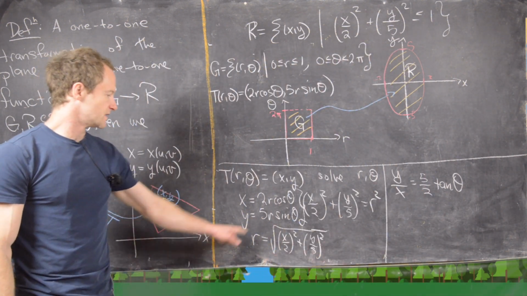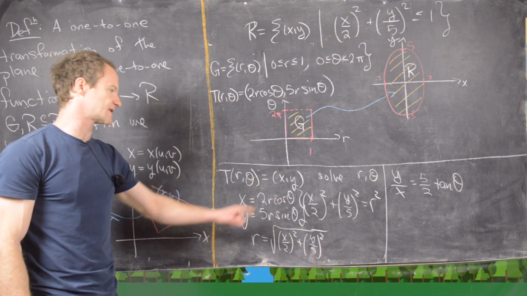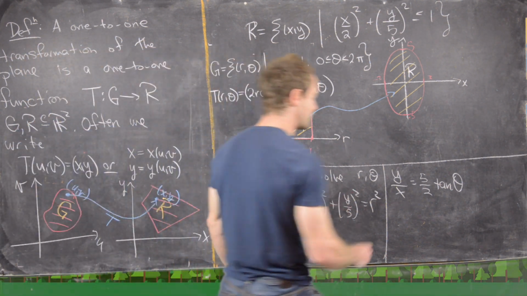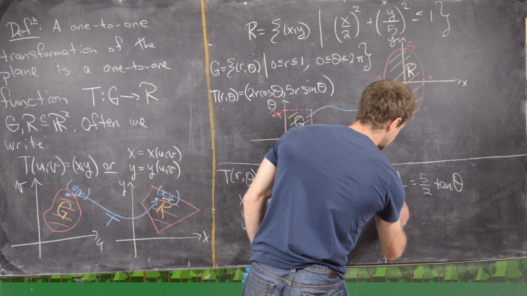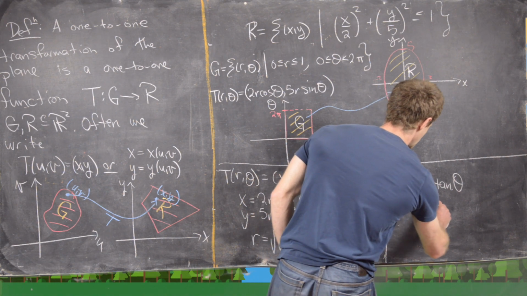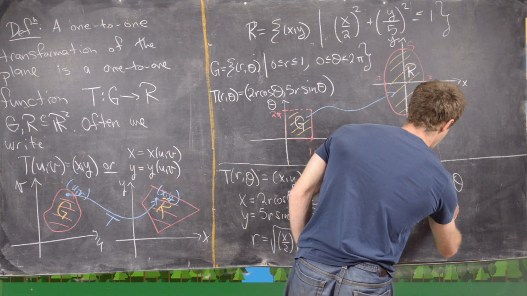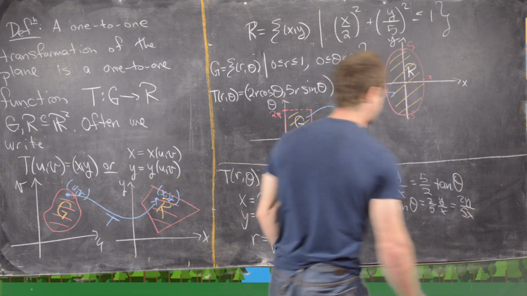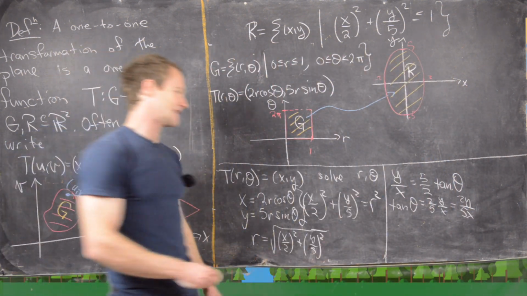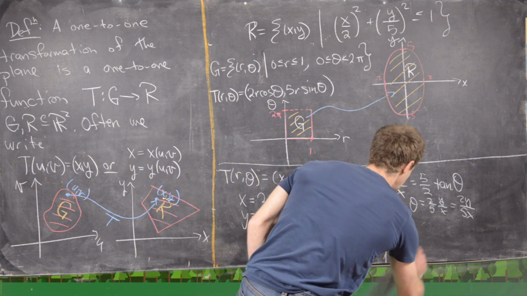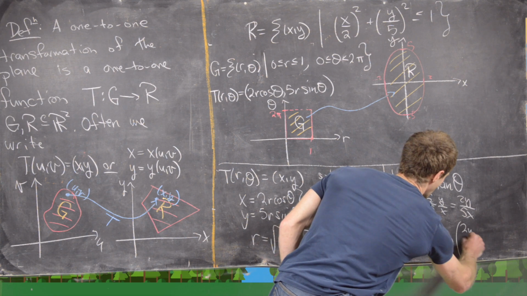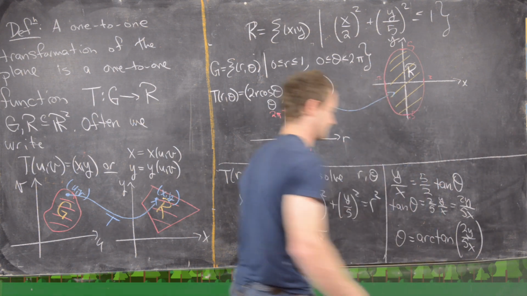Like that. So notice we've got sine over cosine, the r's cancel, and we've got 5 over 2. So what we'll have here is tangent of theta equals 2 over 5 times y over x. In other words, 2y over 5x, which makes theta equal the arctan of 2y over 5x.